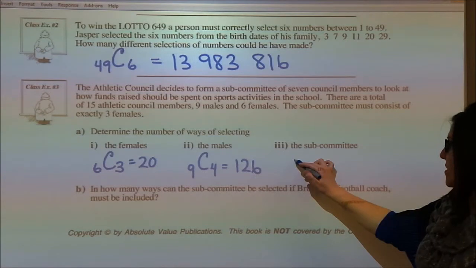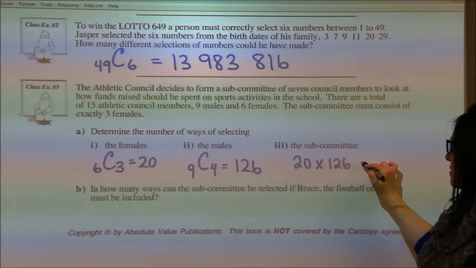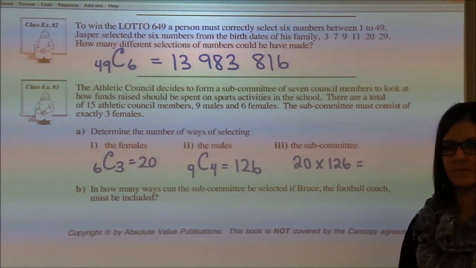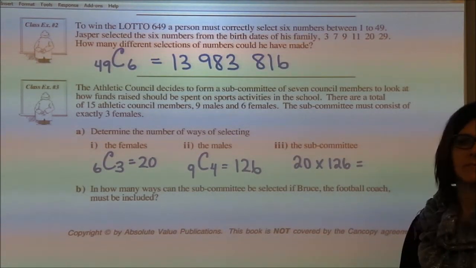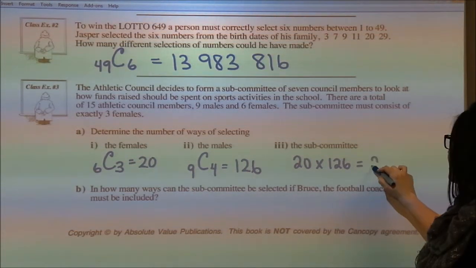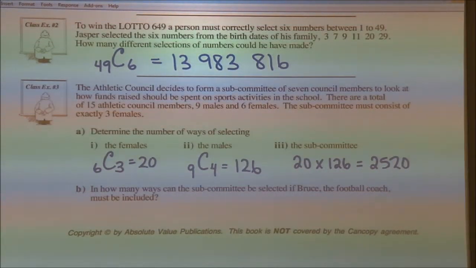So the number of ways to pick the females and the number of ways to pick the males. What'd you get, Evan? 2,520. So there would be 2,520 different subcommittees that could be arranged.